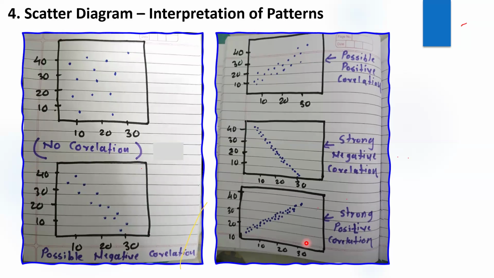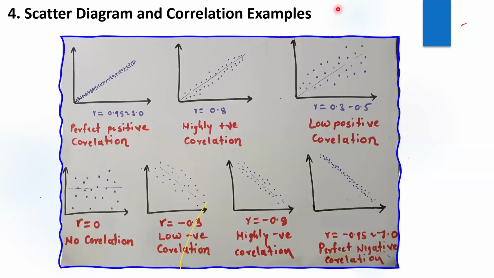Yes, sir. Okay, let's go to the next slide. So here it is more clear. Now I will explain the R value. As I told you, when we calculate the correlation, we get the values of R. For a very perfect positive correlation, because points are very close to each other and when Y increases, X also increases, R will be 0.95 or 1.